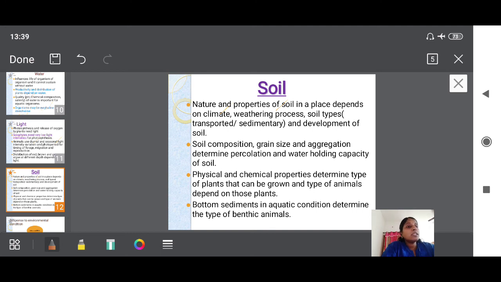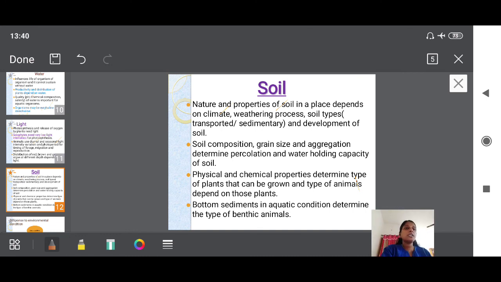Okay, so all these play a major role in the development of soil. So how the soil will be depends upon all these factors: how the weathering is taking place, what the soil type is, whether it is sedimentary or transported from some other place and being kept for a time being. So these all depend.